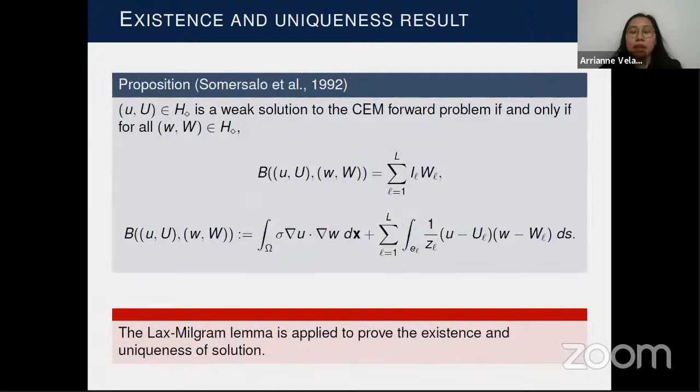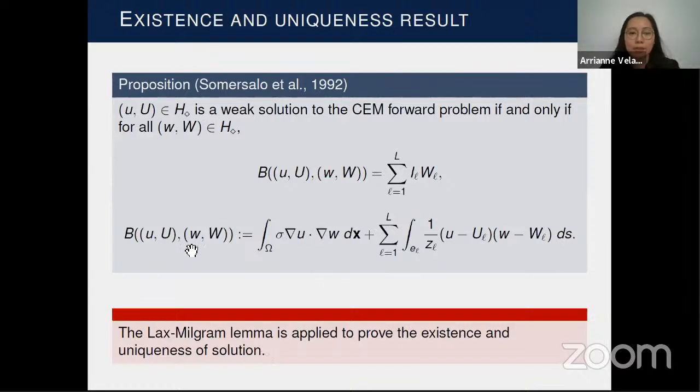Again, in the paper of Somersalo and other authors in 1992, they proved the equivalence of a weak solution to the CEM forward problem and the solution of this variational formulation. So we just need to prove the existence and uniqueness of a solution to this variational problem, for which they used the Lax-Milgram lemma.